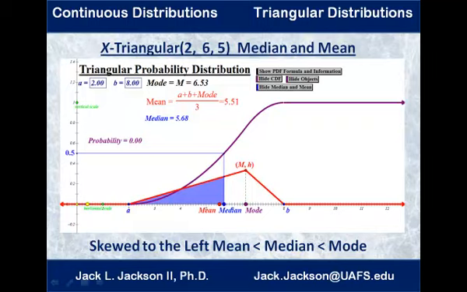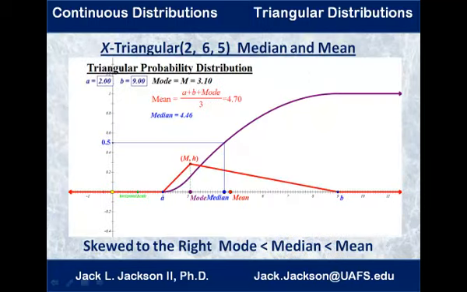Let's look at one where it's skewed to the right. This one's skewed to the right, and notice the mode, mean, and median switch order, so the mode is less than the median, which is less than the mean. That gives you a little introduction to triangular distributions.